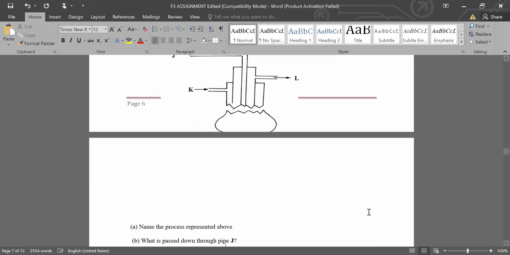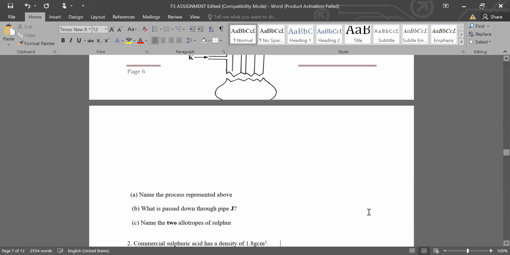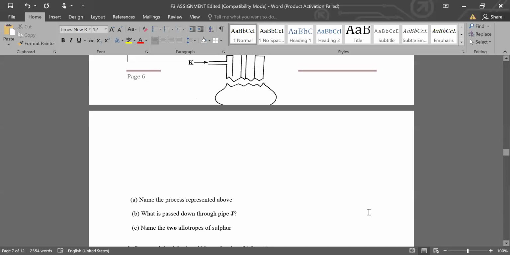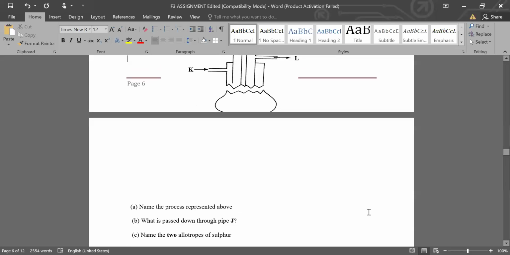Once the sulfur starts to melt, it will start to move up using the middle pipe L. And then as the melting continues, there is the innermost that has hot compressed air.